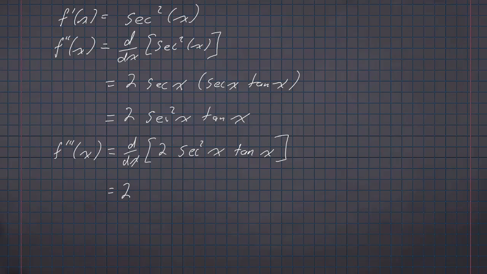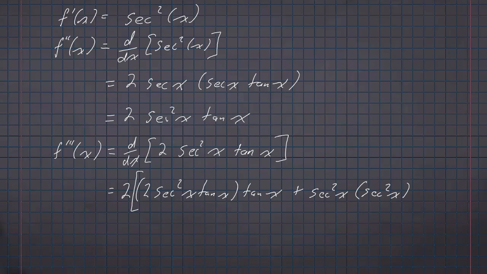I'm going to multiply the derivative of secant squared, which is 2 secant squared x tangent x, times the second, plus that 2 is still in front, and then we have the first one by itself, secant squared x times the derivative of tangent, which is also secant squared x.